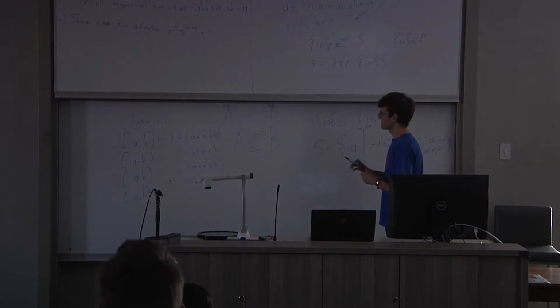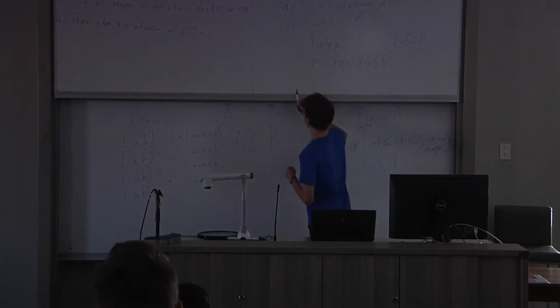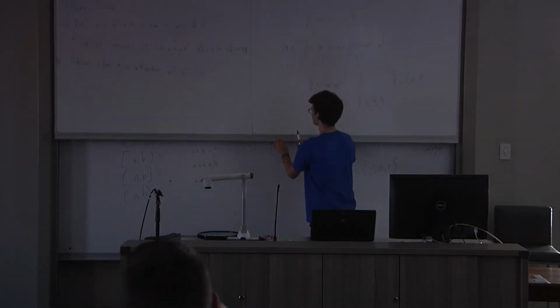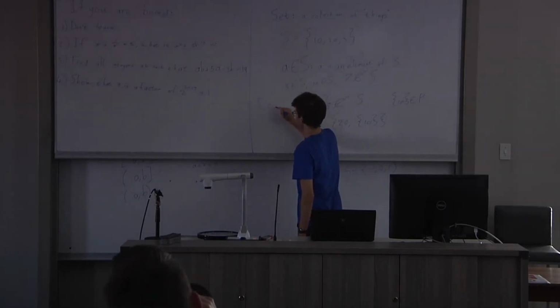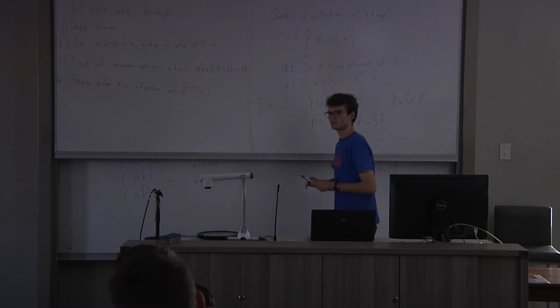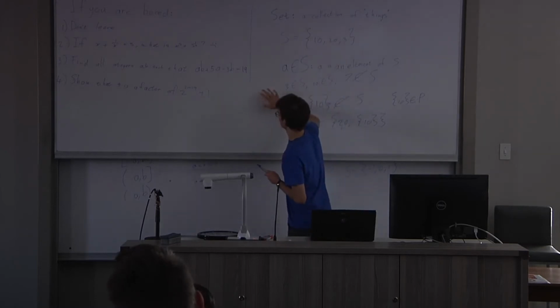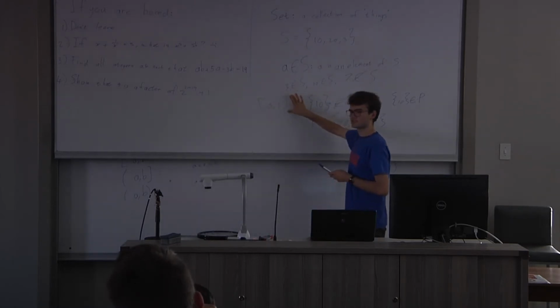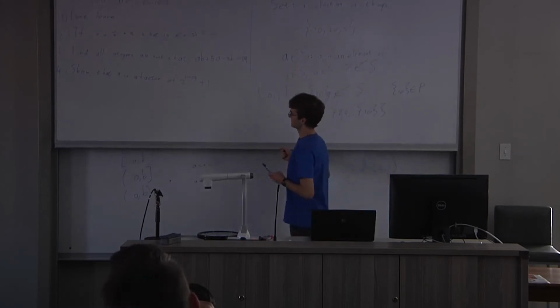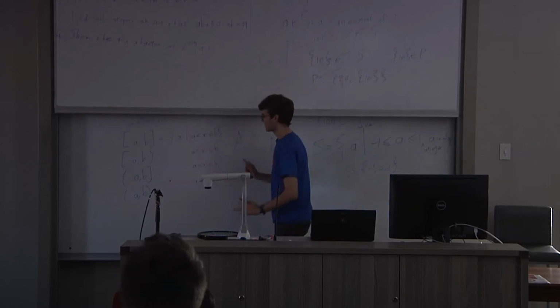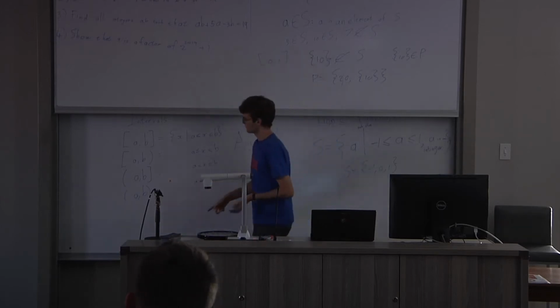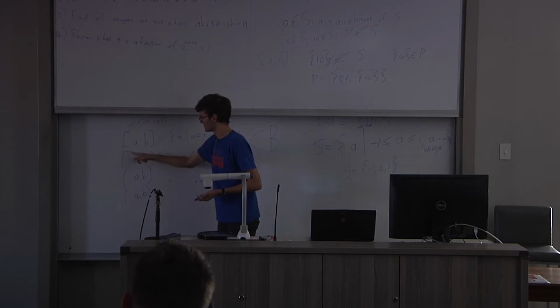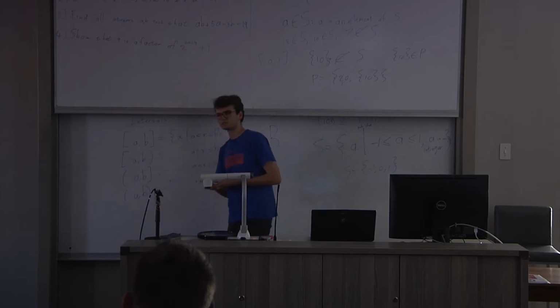So, for instance, if you have the interval 0, 1, and this is called a closed interval, the one that has the equality signs, and this is an open interval, and the others would be a closed open interval or open closed interval.